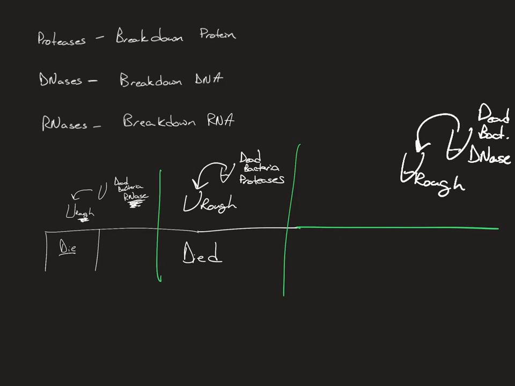And now what happened? It lived. They knew because they got rid of the DNA and it lived, but it died with the protease and the RNase. They knew that it had to be DNA that was inherited.